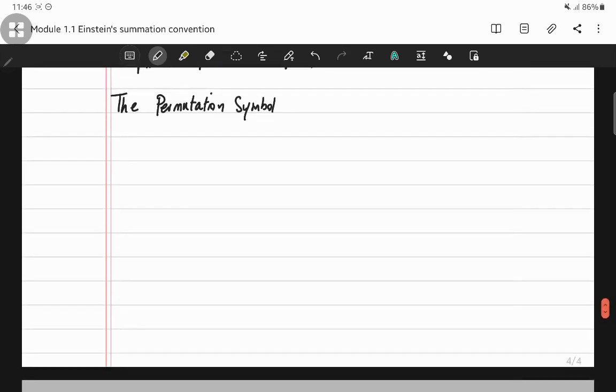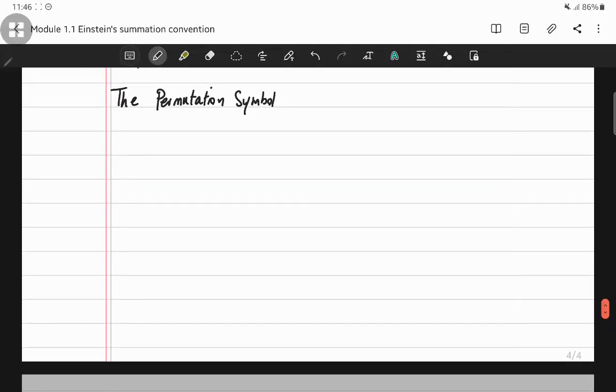So let's get to the permutation symbol, the last topic in this video. We defined this permutation symbol as epsilon ijk, and do not panic. We define this as 1, minus 1, and 0.